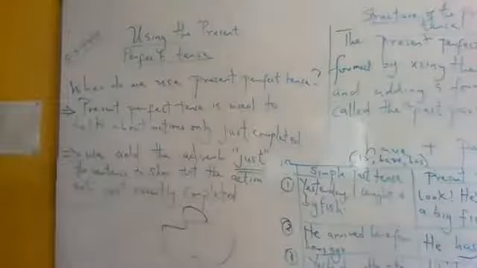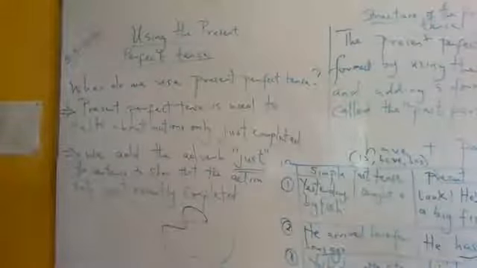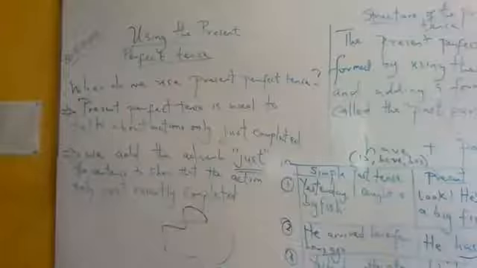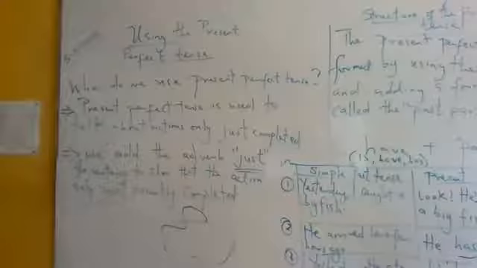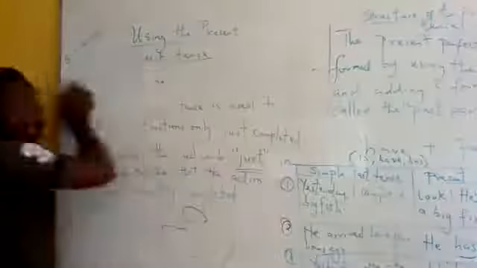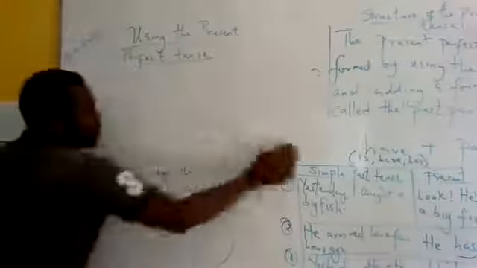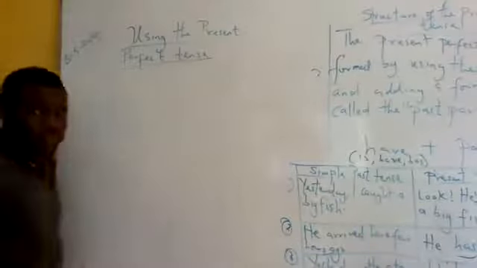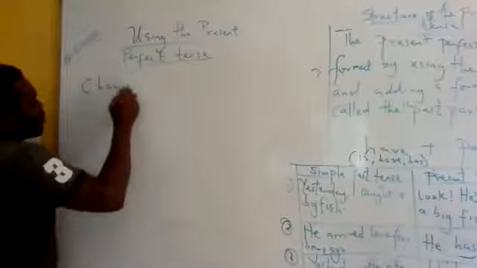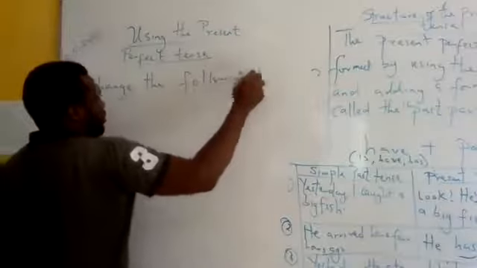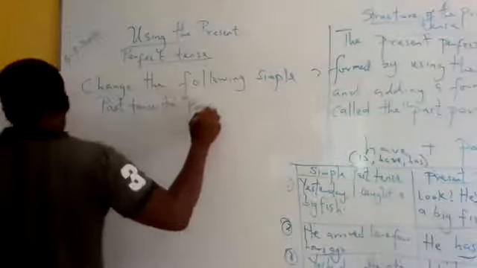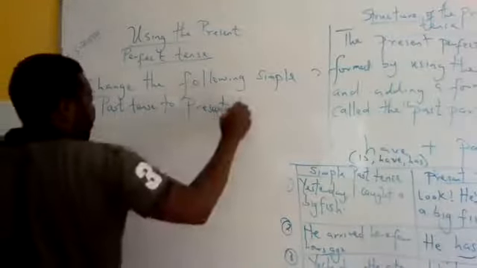So the instruction is this. Instruction: change the following simple past tense to present perfect tense.